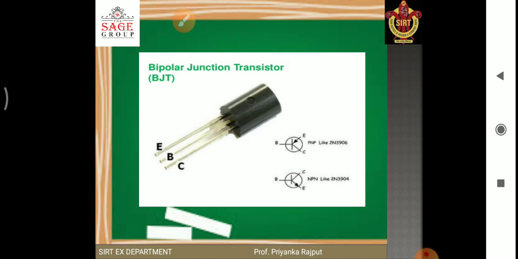Whenever you want to draw its symbol, firstly you make three terminals, and second you always put the arrow on the emitter terminal, and the arrow direction is decided only in the direction of p to n.